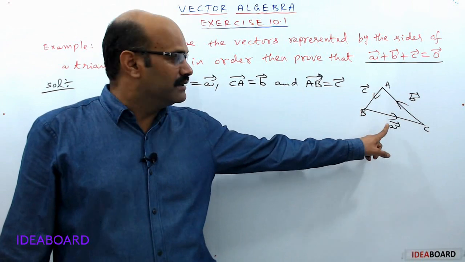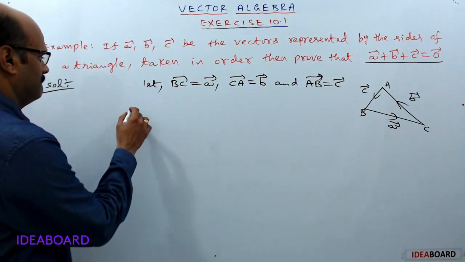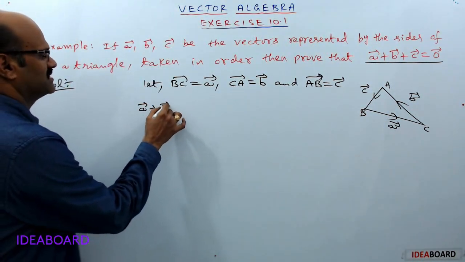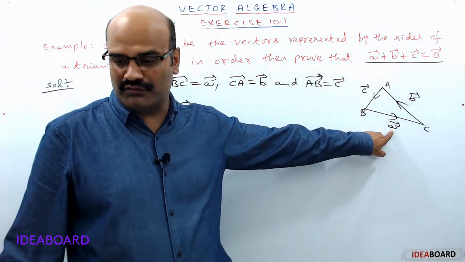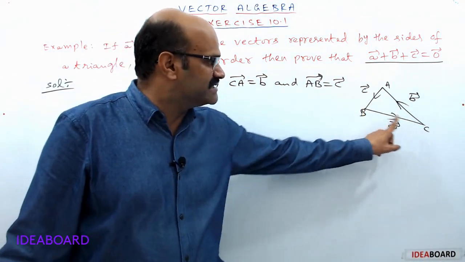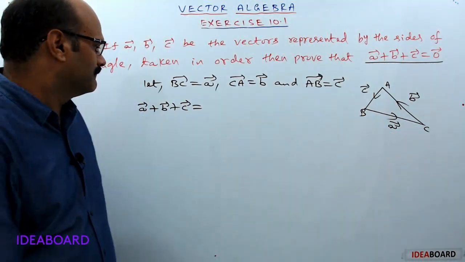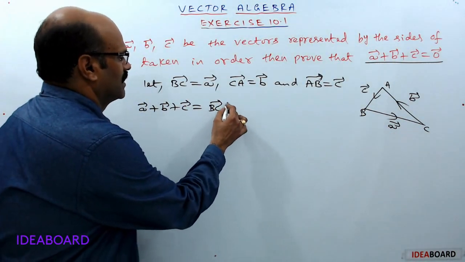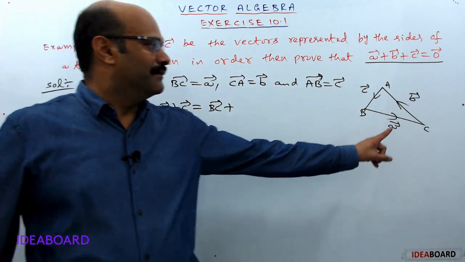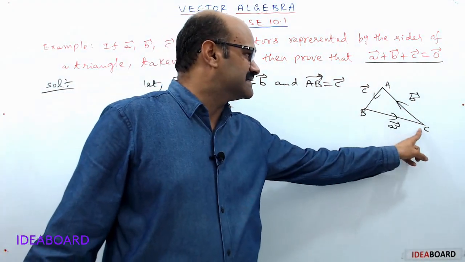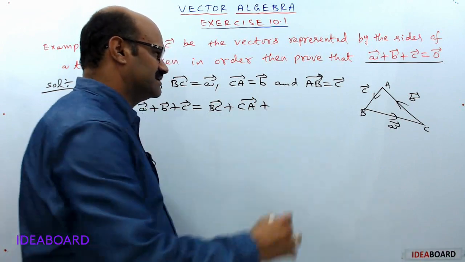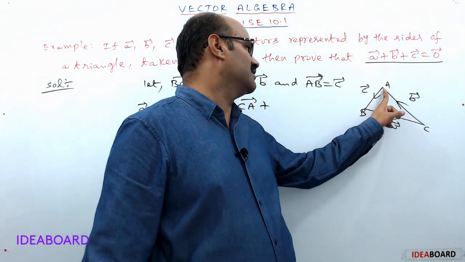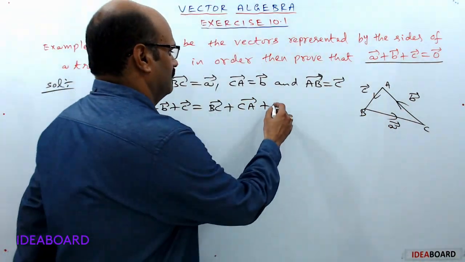To prove this, take A vector plus B vector plus C vector, where A vector equals BC vector, plus B vector equals CA vector, plus C vector equals AB vector.